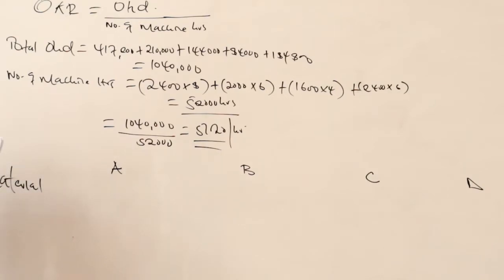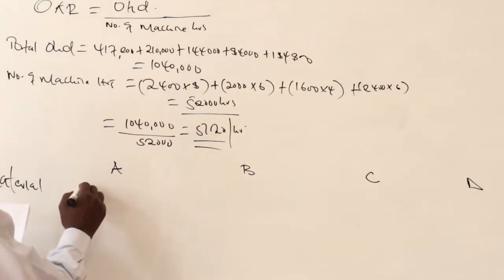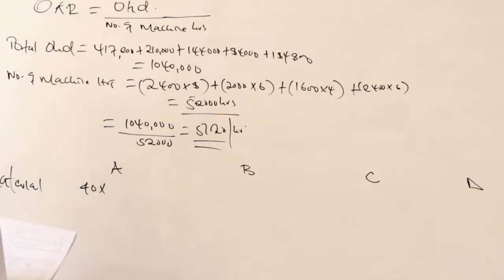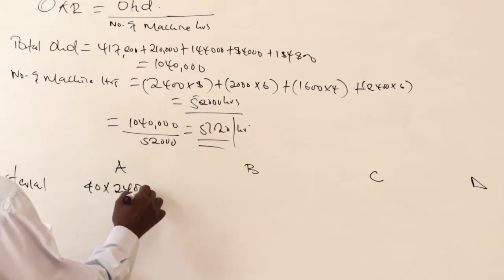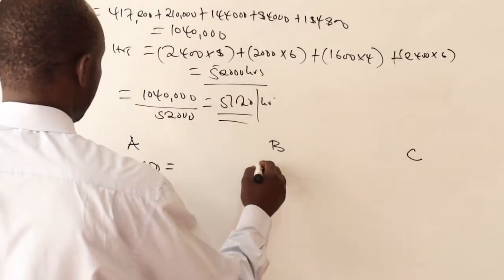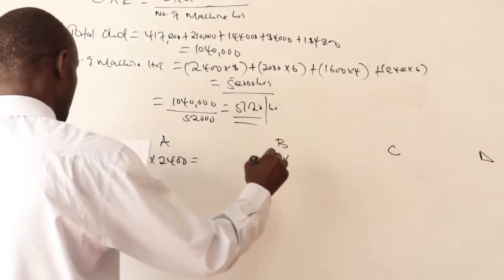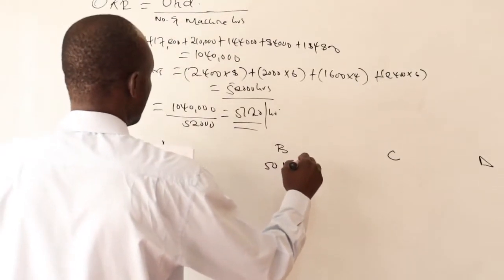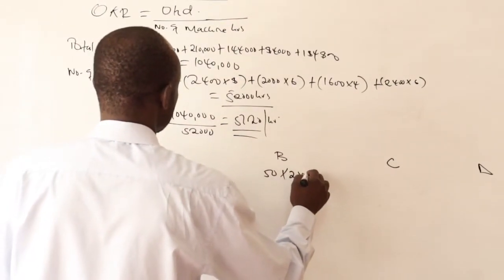For product A, we have been told each unit of material requires 40 shillings. So here we're going to multiply 40 times the number of units produced, 2,400. The other one is 50 per unit times the number of units produced.